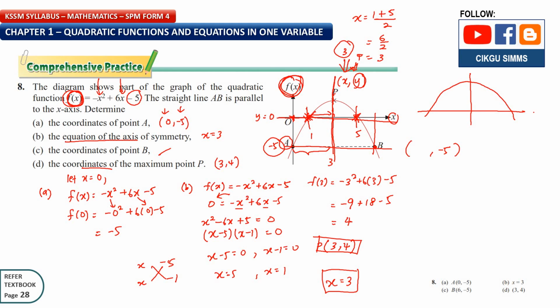You know that I'm looking at the x value. The axis of symmetry is 3. This is 0. So this distance is equal to this distance. This distance is 3, right? So this distance is also 3. So 3 plus 3, you get 6. So x is 6. So the answer is (6, negative 5).